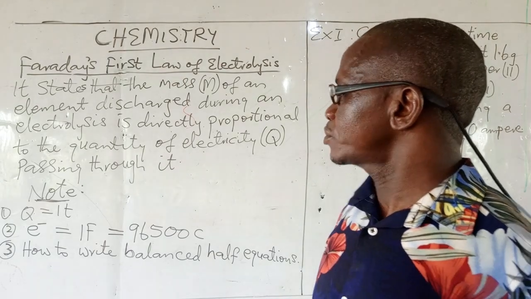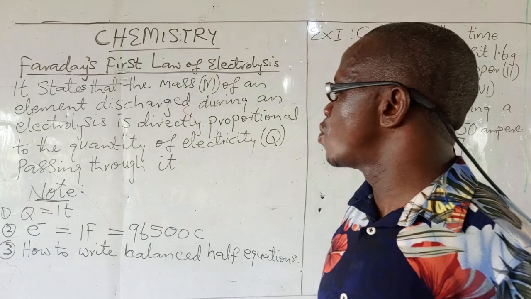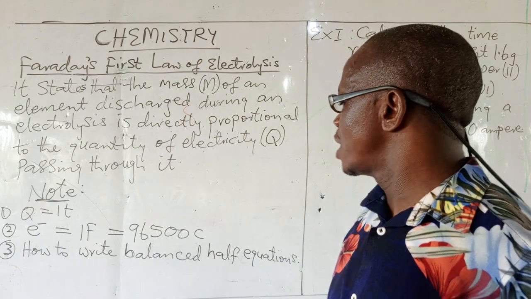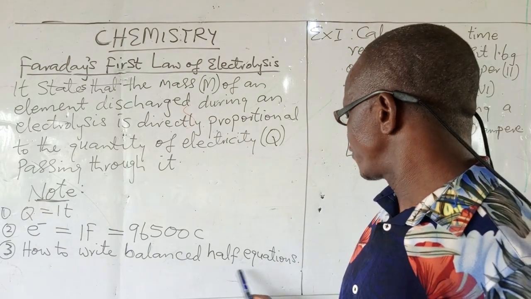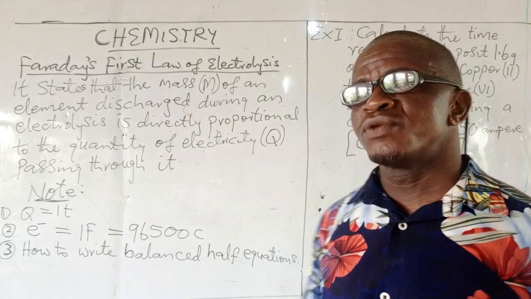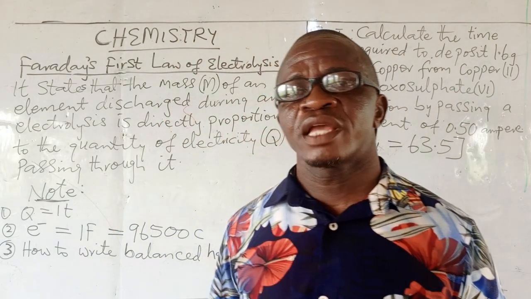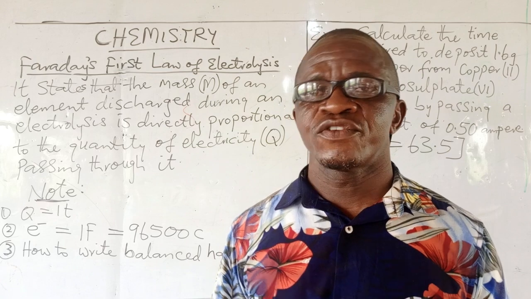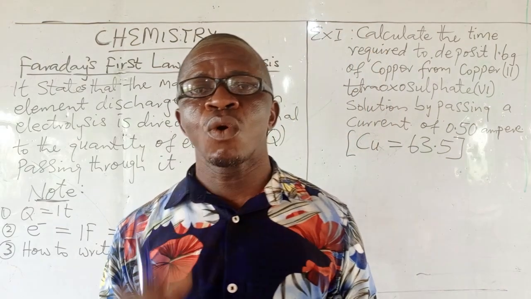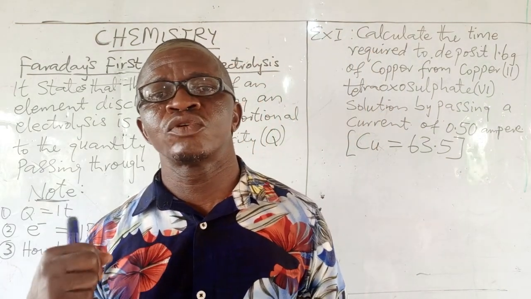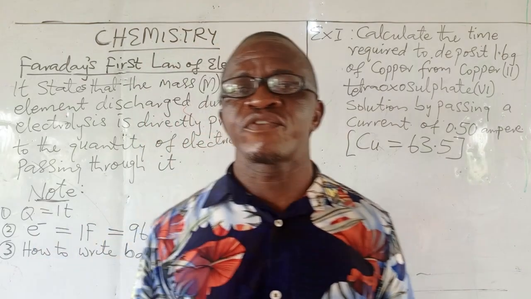Note that. Another point that you have to note is how to write balanced half equations. When you know how to write balanced half equations, things will be easier for you. But if you don't, go and learn that from some of those classes that I taught before now.